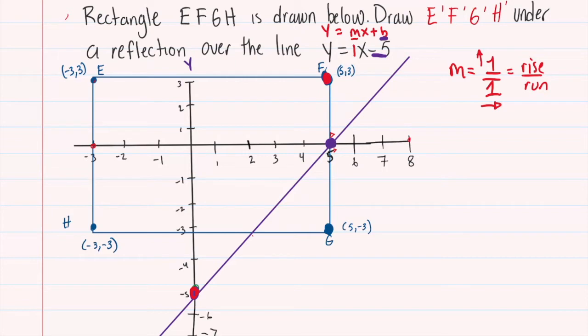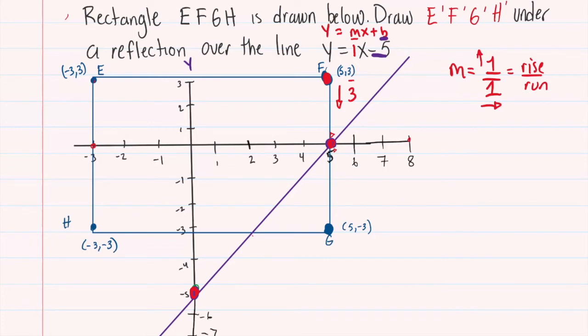Now, point F needs to get to whatever point on the line. I would choose this one right here because it's right underneath it. So how many do I need to go down to touch that purple line? If I'm at 3, that's at 0. I need to go 3 down. Now, you know how a reflection works: when you're going down, you're not going to keep going down because a reflection is like a mirror. It's inverted.